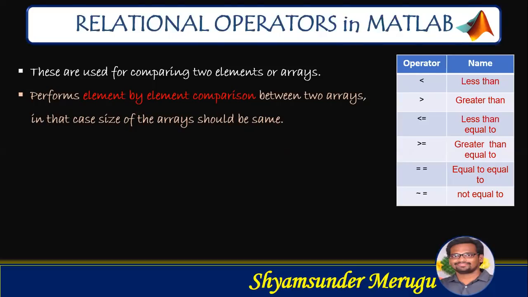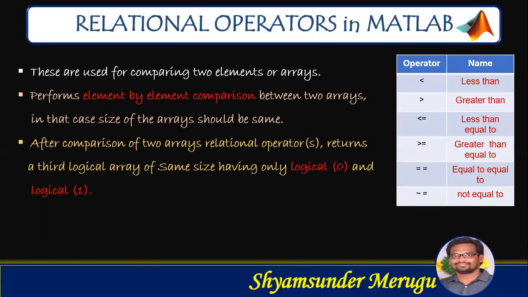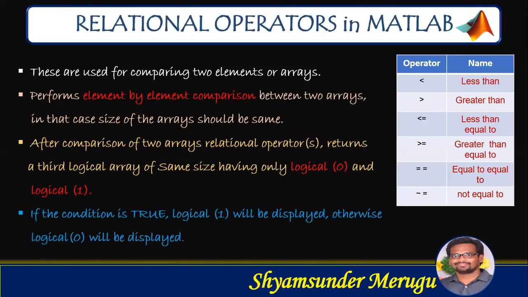In that case, the size of the arrays should be the same. After comparison of two arrays, the relational operator returns a third logical array of the same size having only logical 0 and logical 1. If the condition is true, logical 1 will be displayed, otherwise logical 0 will be displayed.